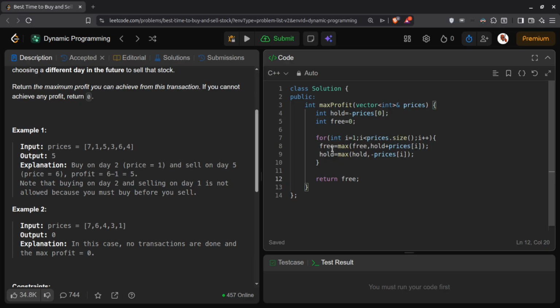So 4 is still greater, so free still stays 4. And hold still stays minus 1, because minus 3 is less than minus 1. It got quite confusing because I was repeatedly saying the numbers.